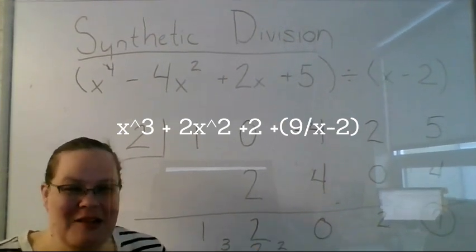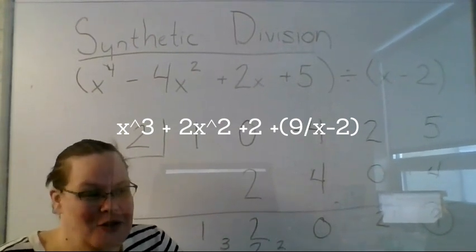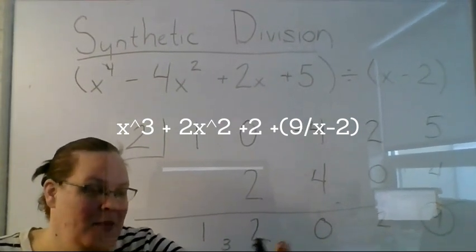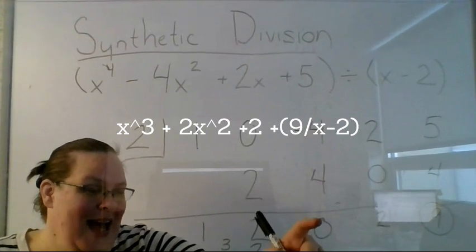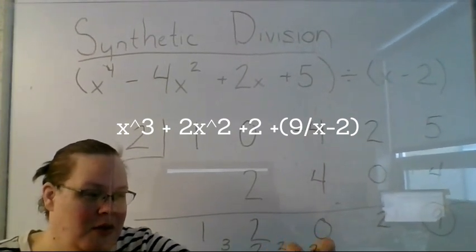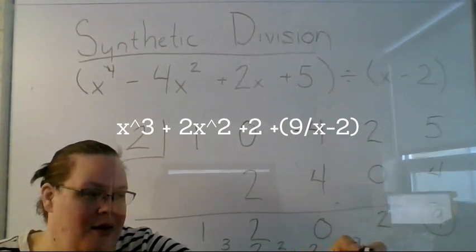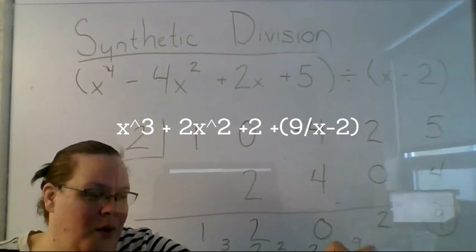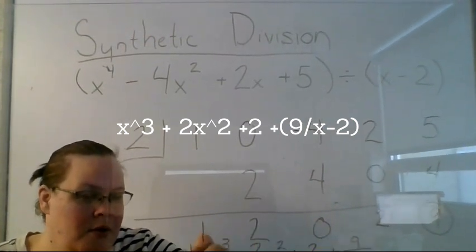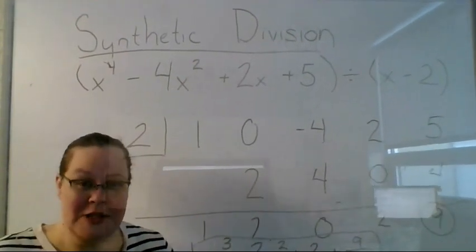X is going to have a 0, so we could write it as 0x, but that's the same as 0, so we're just going to leave that off. But now notice, this was x, this will be the no coefficient, so make sure that your numbers line up. And then we have that remainder, 9 over what we were dividing by. This here will be our final answer.